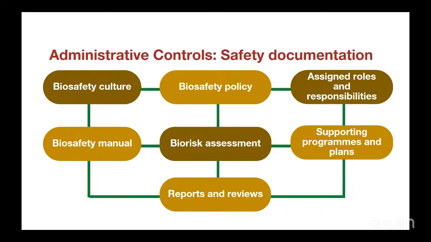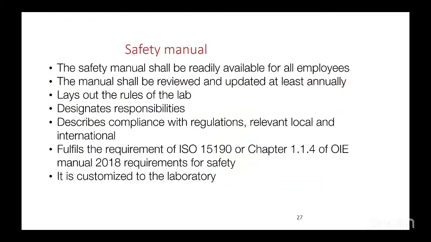First, safety policy, safety manual, SOPs on biosafety, different biosafety procedures, how to decontaminate, how to use the biosafety cabinet, how to use a fire extinguisher, all the safety programs that are run in that lab. You must have a safety manual and SOPs, programs, trainings, documentation.